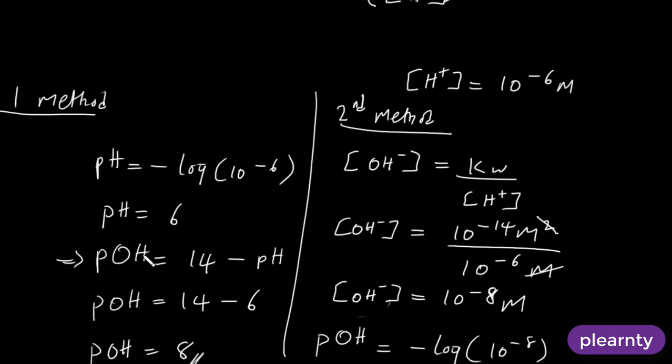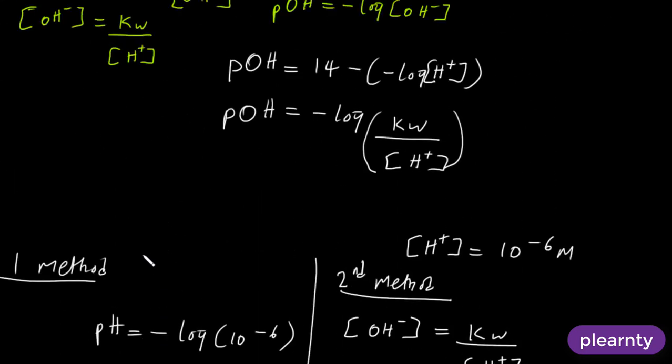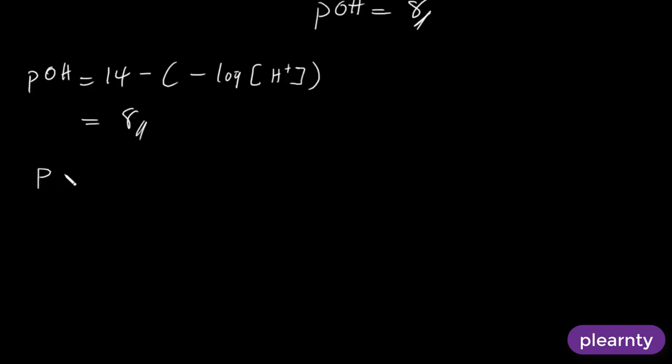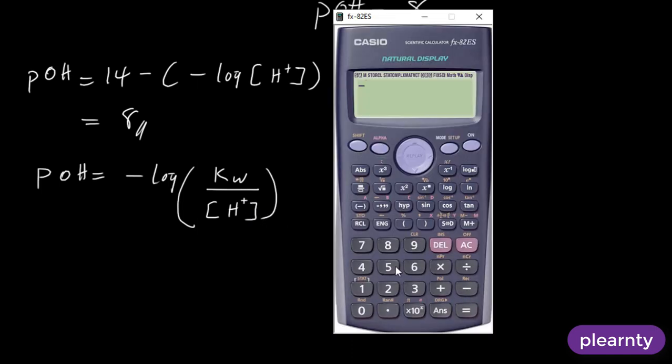Then our second generic formula, which is pOH is equal to minus log of open bracket ion product over hydrogen ion concentration, close bracket.